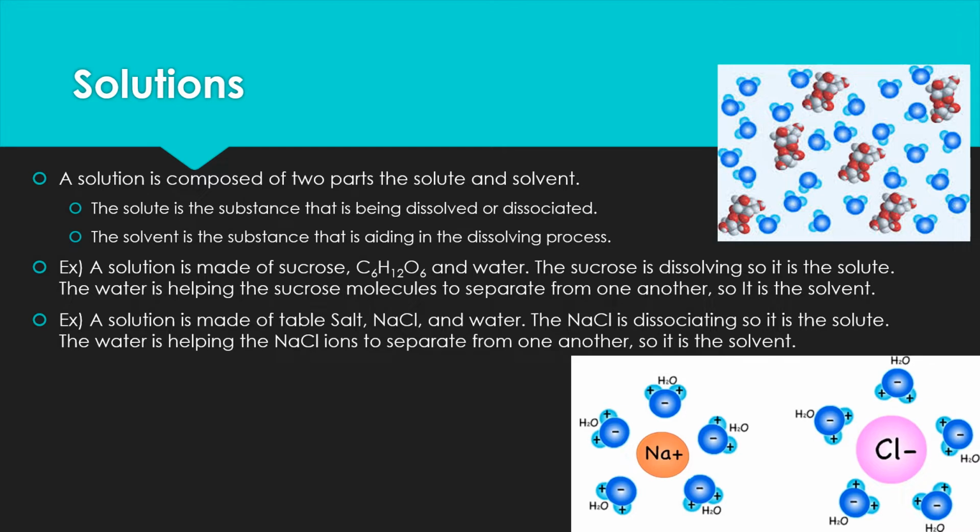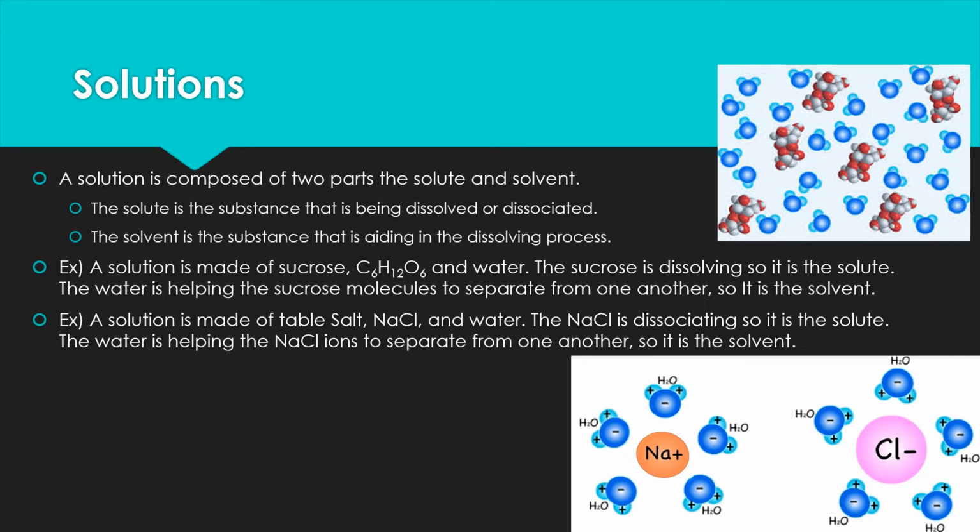So normally in a piece of sugar, those would be stuck to each other through intermolecular forces. But the sucrose is dissolving and separating into the molecules. So it is the solute. The water is helping the sucrose molecules to separate from one another by interacting with them and attracting to them through intermolecular forces. So it is the solvent, it being the water.